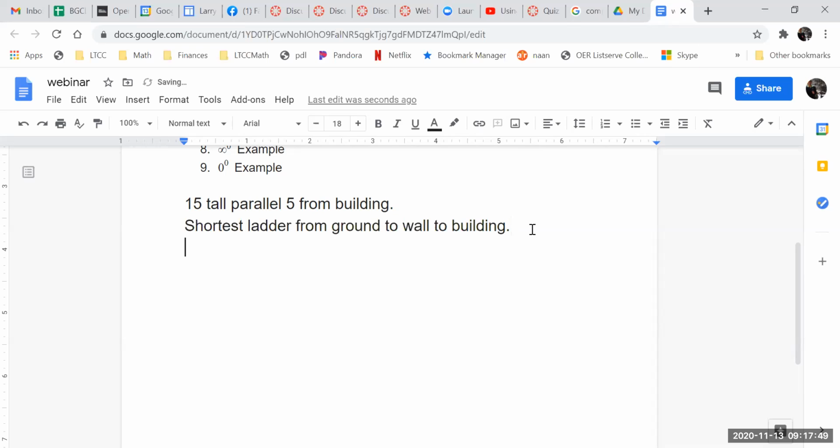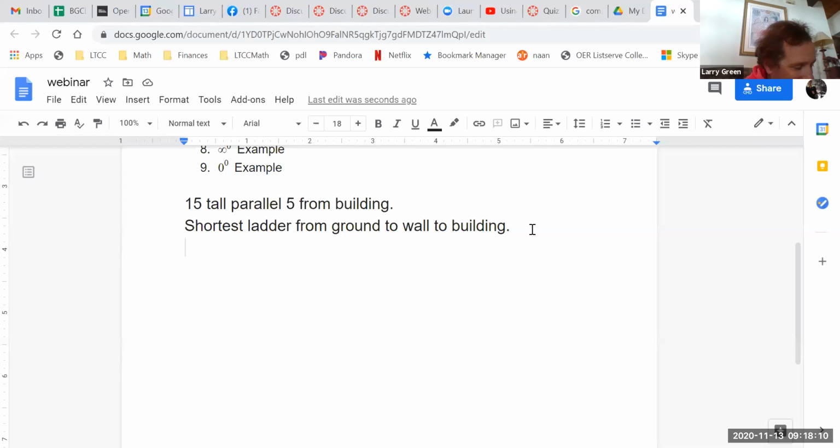Okay, but what we can do is, again, we have the theta, right? And what we want to do is find the theta that minimizes h, right? Okay, so I've got to draw it on paper. I can't do it without seeing it again. So theta, h, 15, 5. Got it.